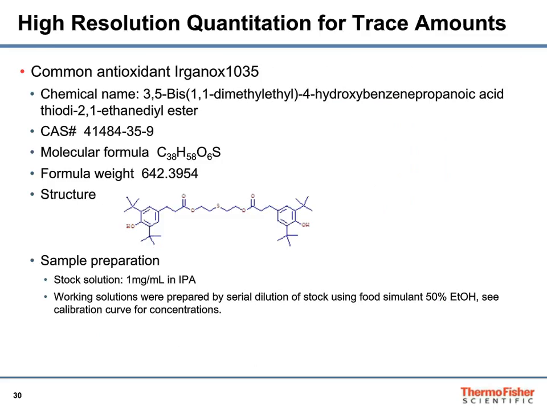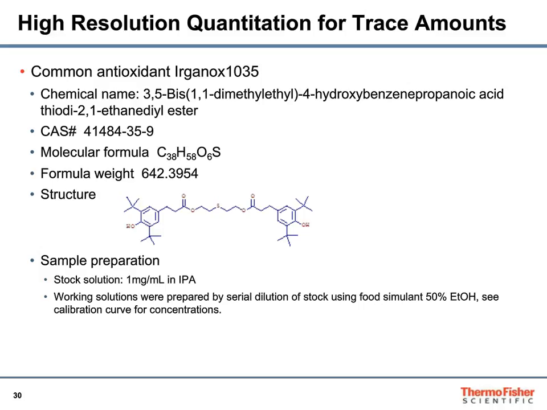Also, the quantitation is important. Like I point out, when you do the quantitation, most likely the compounds have a toxicology concern. Here we just use a common antioxidant, Irganox 1035, prepared in the common food simulant, and then use high resolution quant.